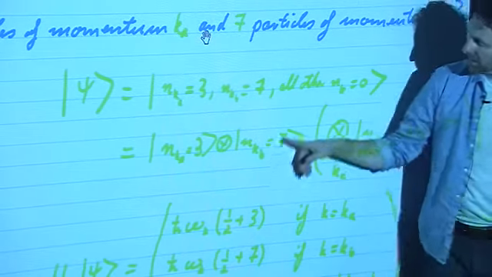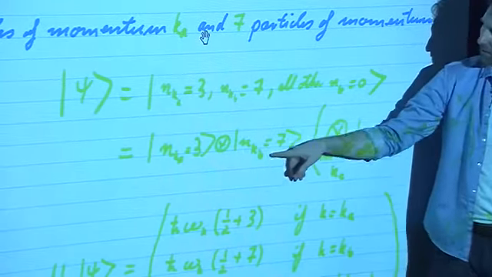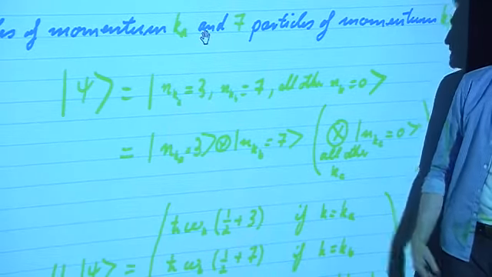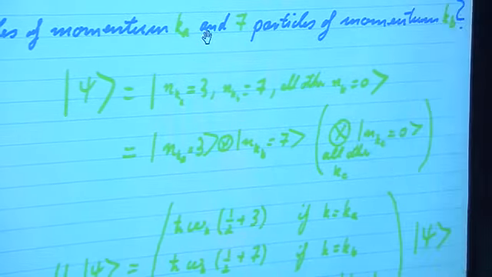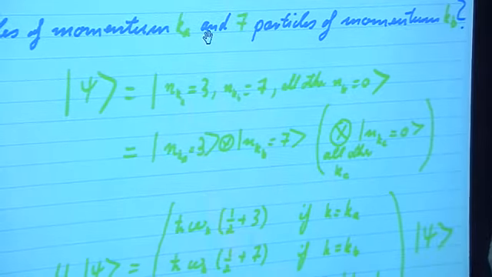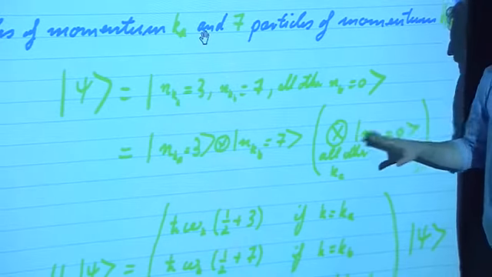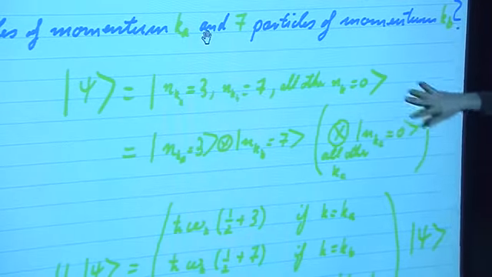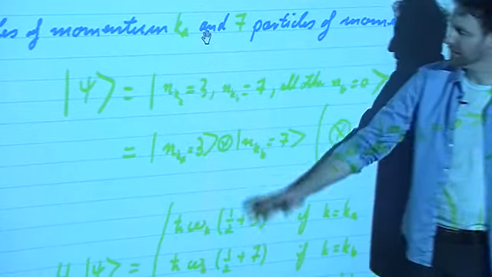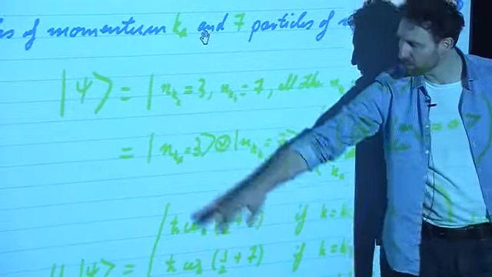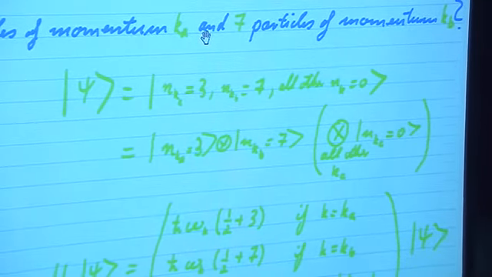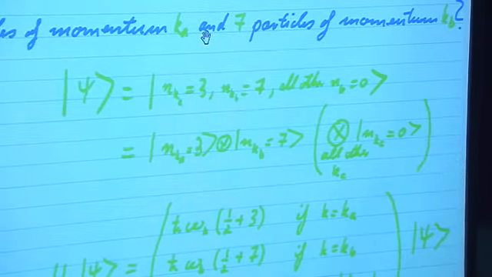Tensor product with the eigenstate of the Kb mode oscillator excited to the 7th state, and the tensor product with the ground state of all the other modes. So the quantum field theoretical state is the tensor product of one mode oscillator and all the other mode oscillators' states. And 2 of them are excited, and all the others are not.